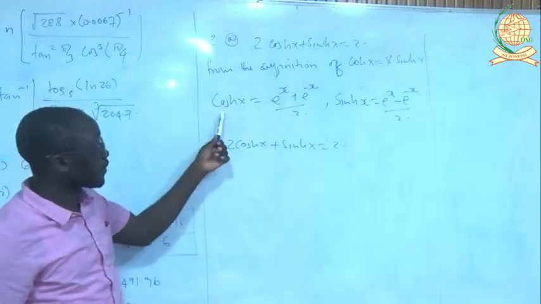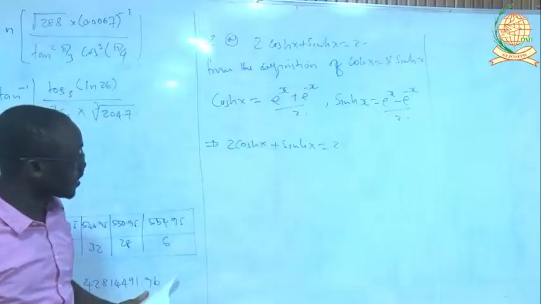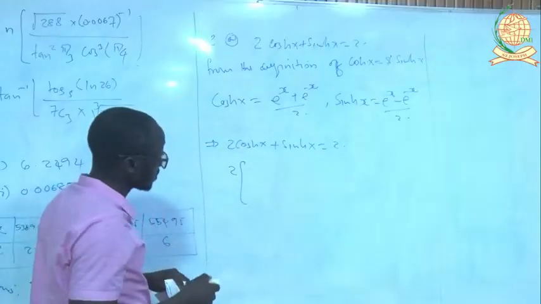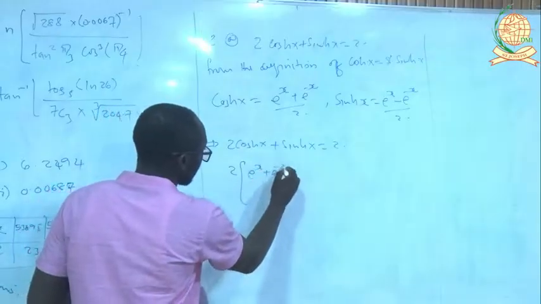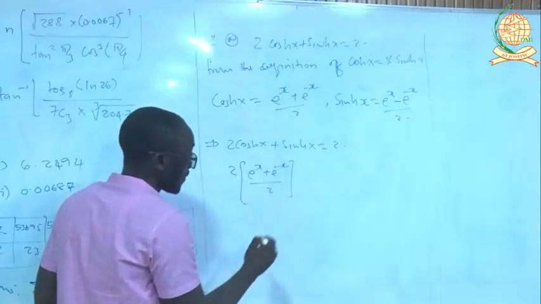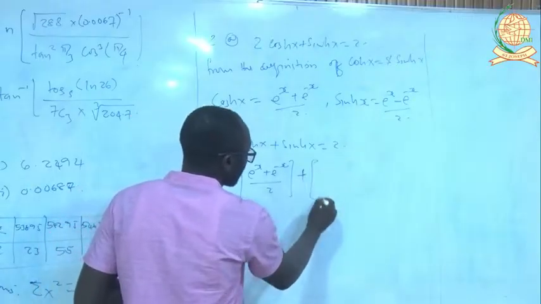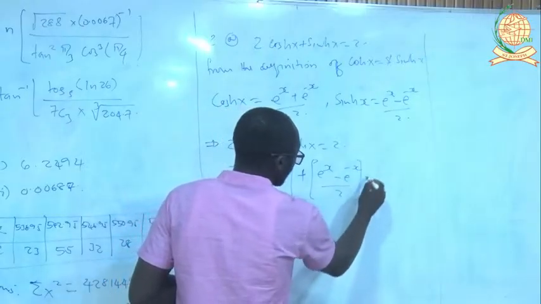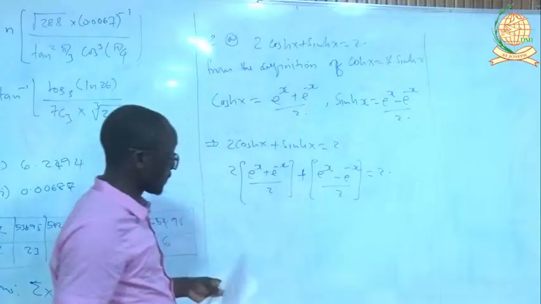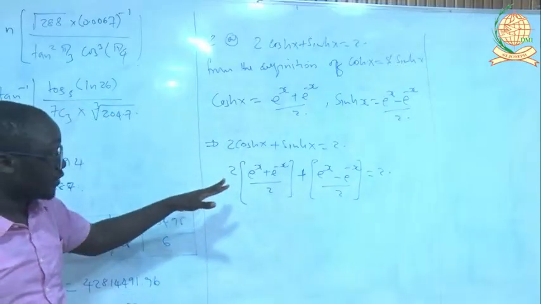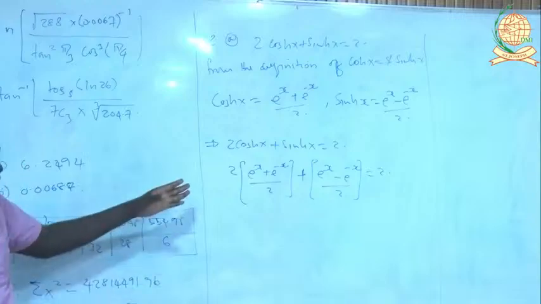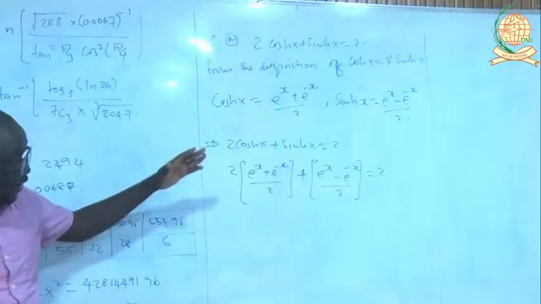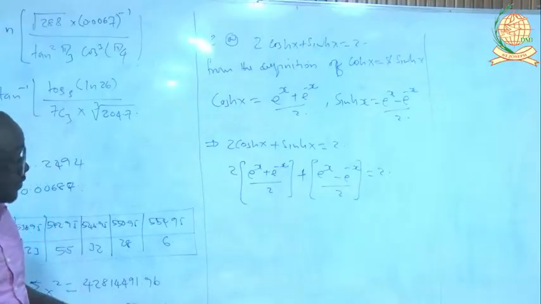Substituting those details of cosh x and sinh x into this equation, you have 2 times cosh, which is e to the x plus e to the negative x out of 2, plus sinh, which is e to the x minus e to the negative x out of 2, equivalent to 2. Then from there you have to rearrange the equation to have one term with e to the x and another term with e to the negative x. Then you can solve for the variable x.